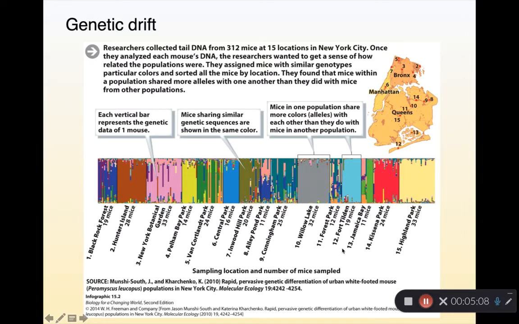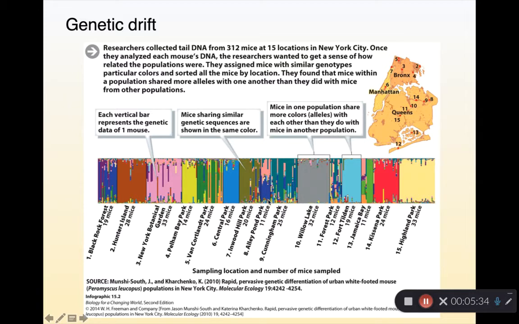A question that an evolutionary biologist can ask is, why do we see these changes in genetics across these different populations? Is there something that is selecting for specifically these traits, or is it something that is randomly occurring in these different areas?